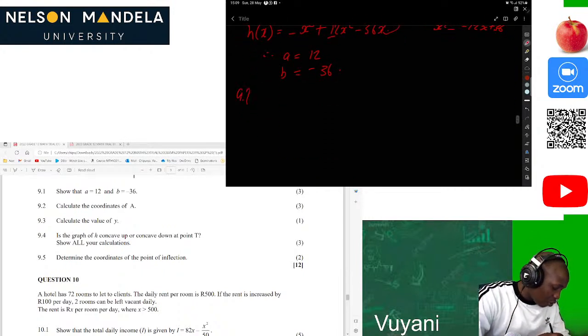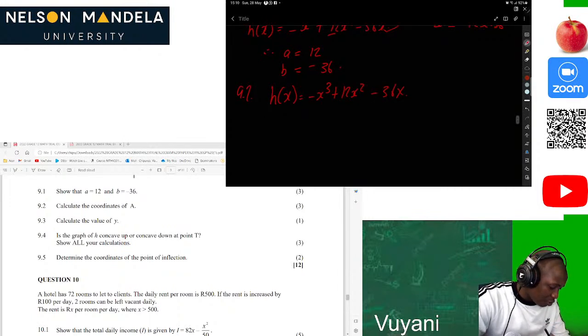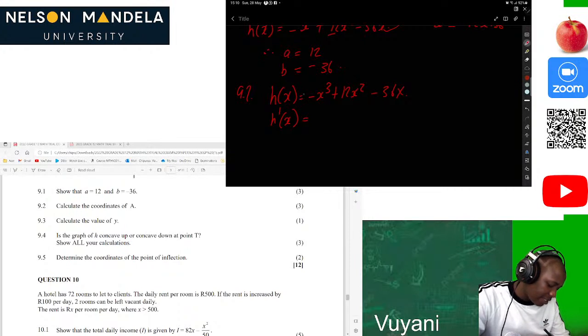So now we know that h of x is equal to negative x cubed plus 12x squared minus 36x. After that, of course, we should determine h prime of x so that we can find our turning point. So h prime of x is negative 3x squared plus 24x minus 36.